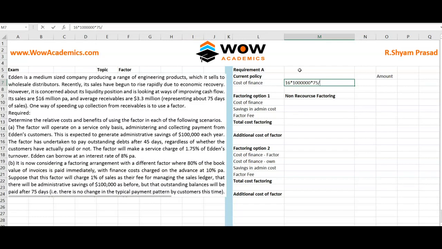If they have not given anything, we are free to assume any number of days. We'll take it as 365 days. Eden can borrow at an interest of 8%. We'll use the same number, or we'll better take it as minus 8. So this will give us the existing option cost.